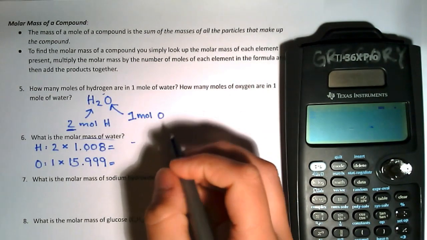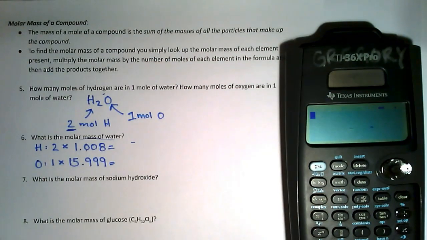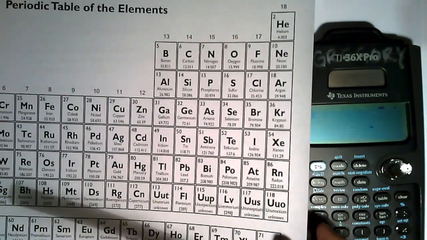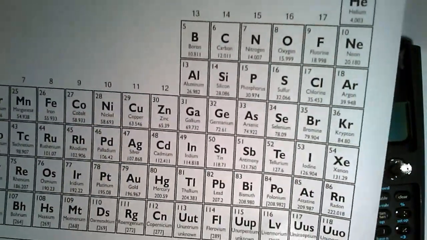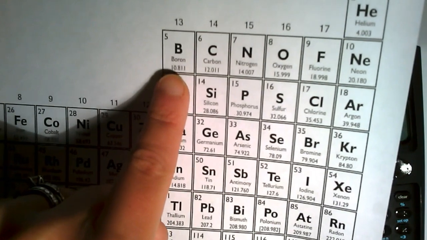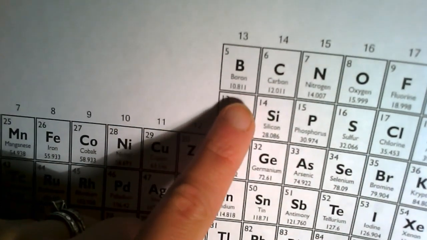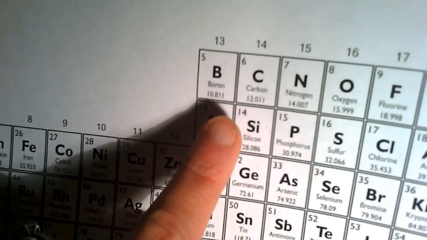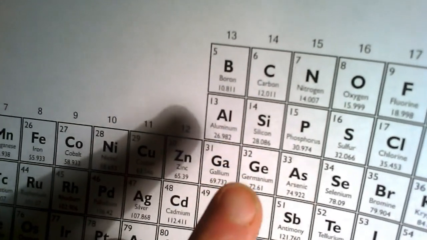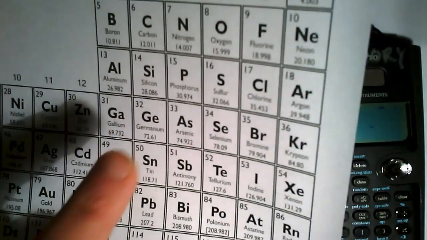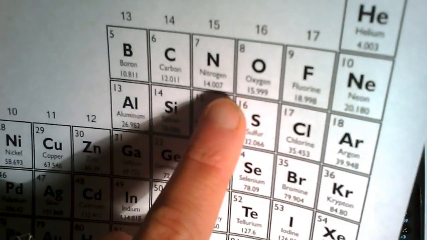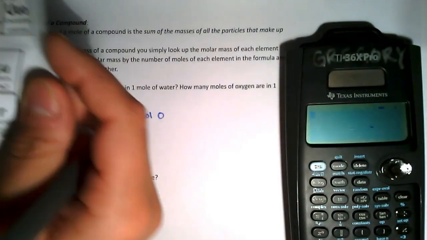But if you have, for instance, boron, which is 10.811, you should not round that up to 11 because it's too far from the whole number, and you may wind up with a rounding error in your answer. But like nitrogen, 14.007, you can round that to 14.